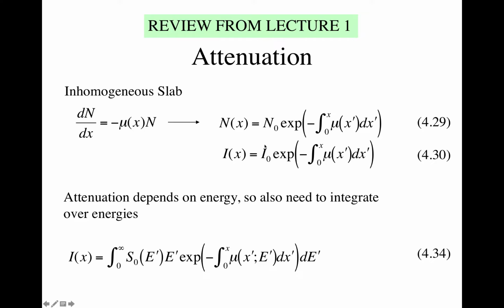And so the intensity at any depth x is proportional to the integral from where I start the attenuation to that depth x, over the length of the attenuation, right?